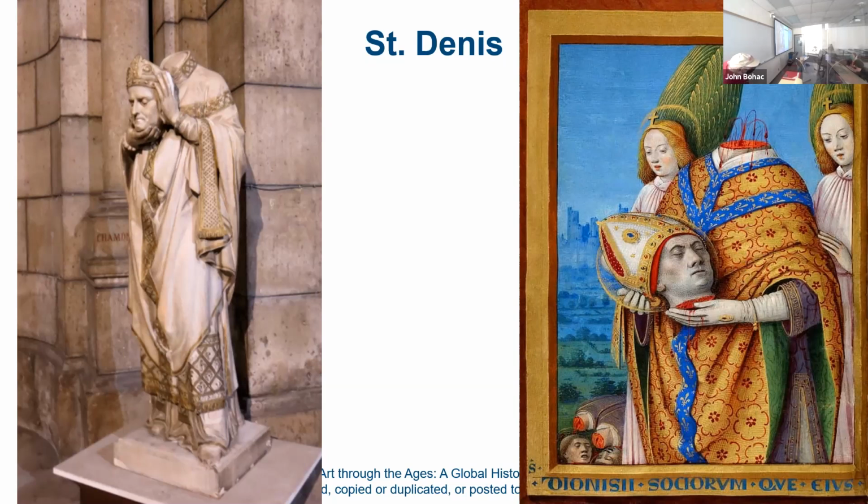Well, Saint Denis was an early Christian in Paris, France, when the Romans had occupied France and Christianity was outlawed. What the Romans did in Rome was throw the Christians into the Colosseum and let them be eaten by lions or something.